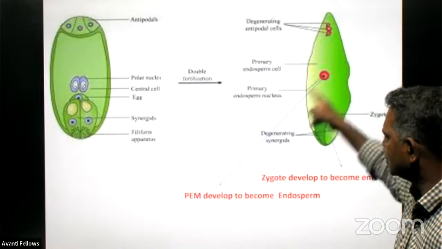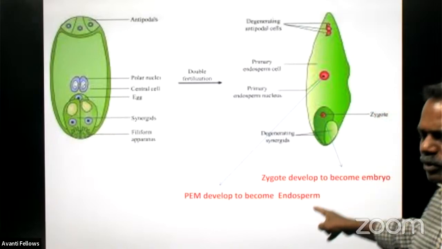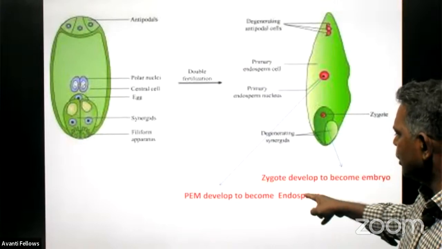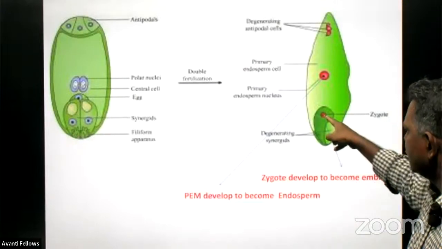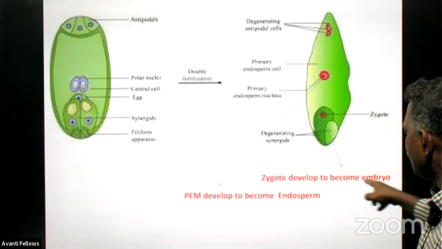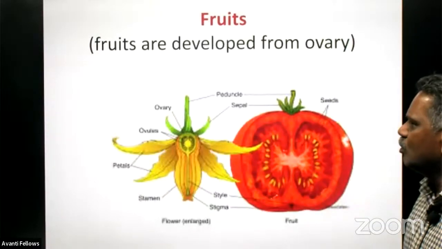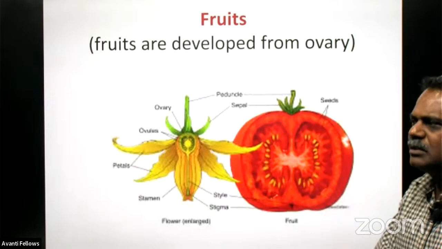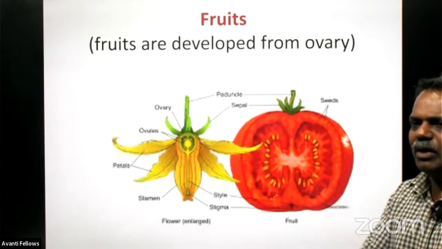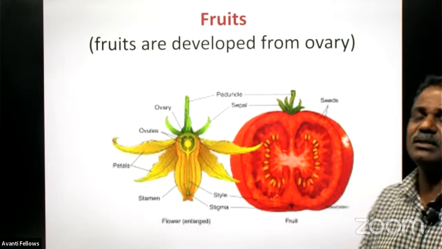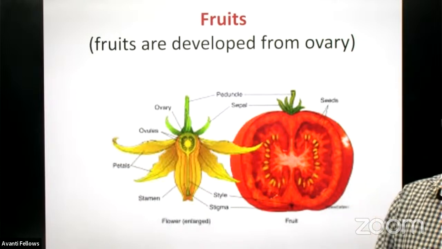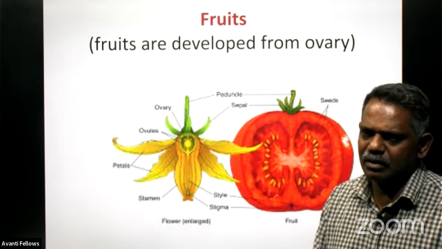This primary endosperm develops to become the endosperm, and the food stored in the endosperm will be utilized by the zygote to develop to become what? An embryo. Later the embryo has the plumule and radicle, and these develop to become the shoot system as well as the root system by consuming food material in the cotyledon, right?